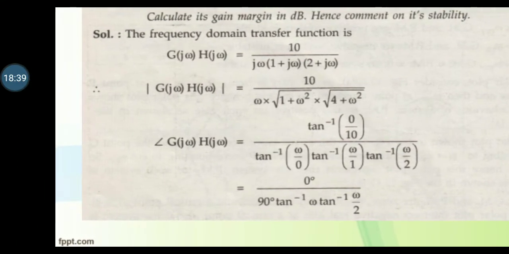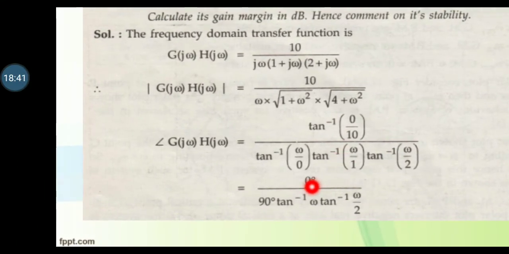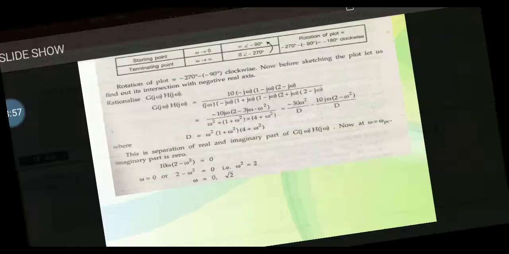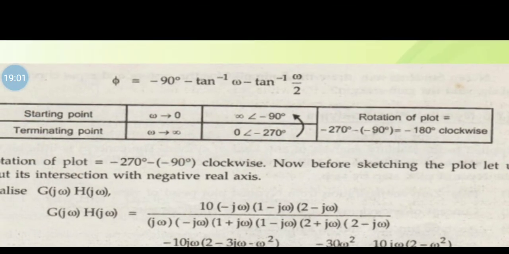So tan inverse 0 is 0. Tan inverse omega by 0 is tan inverse infinity, that is 90 degrees. Tan inverse omega by 1 will remain as it is. Tan inverse omega by 2 is this. Now we'll find the angle phi. So what will we get for angle phi?